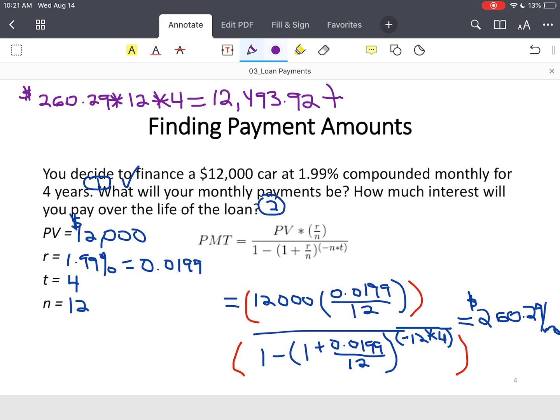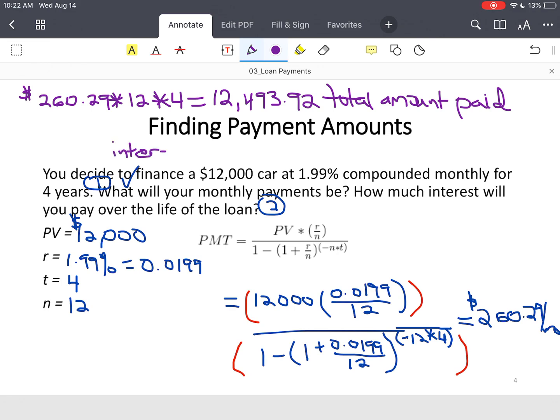Let's call this the total amount paid. Total amount paid is $12,493.92.